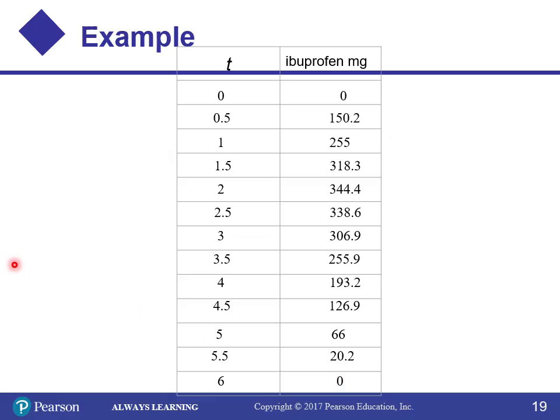So it goes into your system, and it's going to take about 2.5 hours or so, somewhere around the 2.5, to get your highest amount. That's why they usually say on recommended dosage that after 4 hours, if you look at 4 hours, we're at 193.2, if you take another dose, you're never going to get too much in there if you wait that 4 hours.